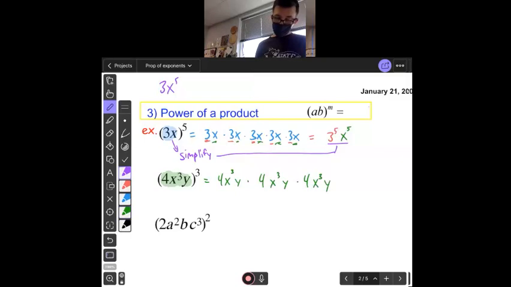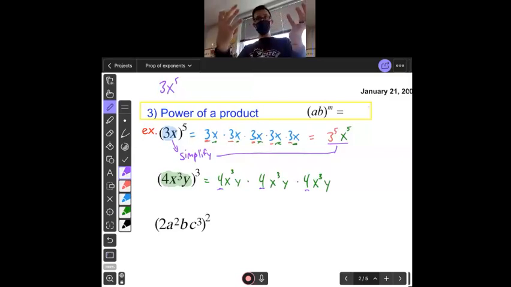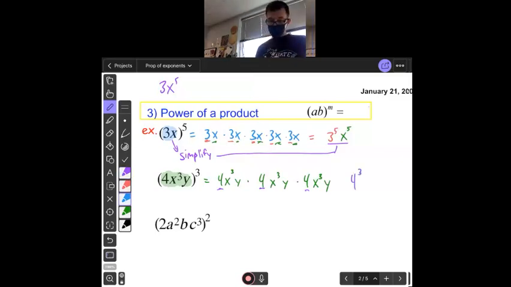And again, that is a kind of idea. Look at each thing. I have to look at the ones that are like each other. You guys mentioned like terms earlier. So I can look at the 4s and say, well, how many 4s do I have? There's 3 4s there. That's 4 cubed. And then I look at the x's. You gotta be careful, everything here is multiplying. There are little dots here, here, here, here, here, here.